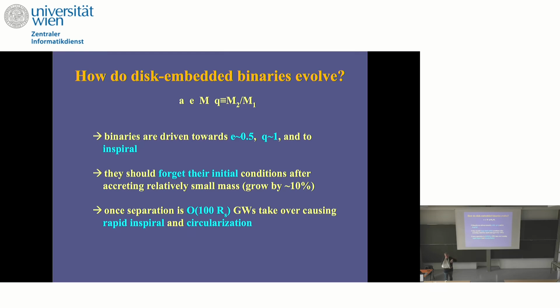A over A dot goes like a to the power 4, that is, the inverse of a cubed... much steeper than this gas-driven evolution as a function of separation, which means there will be a point at which gravitational waves completely take over and accelerate the in-spiral, and you get the merger. I will return to this point, because then you have to worry about what happens to the gas.